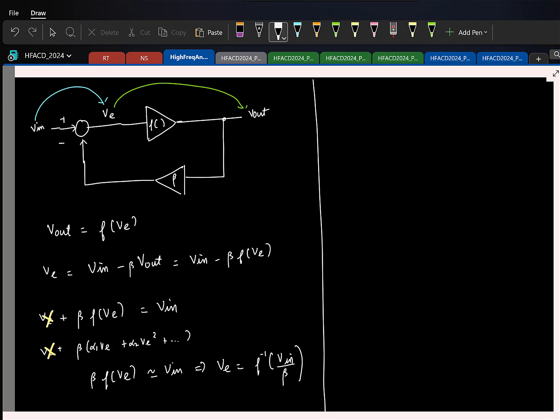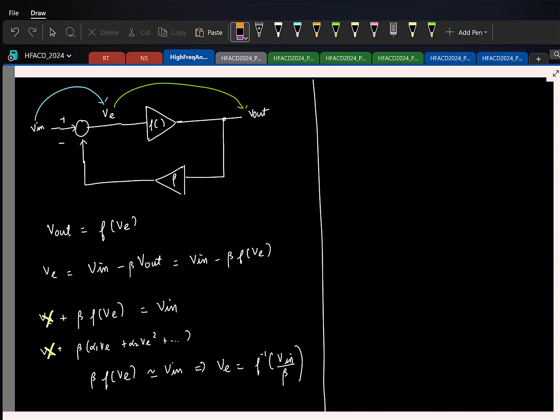So basically now if I try to model this, what's happening is the following. I have the error signal. Sorry, the input signal is first getting converted to an error signal, and that relation is some f inverse of something, right?